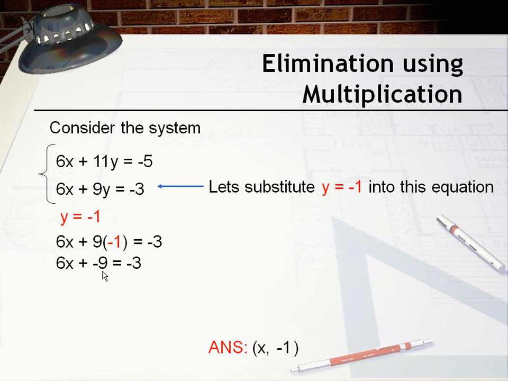And then what would you do? You would add 9 to both sides, and you get 6x equals 6, divide by 6, and you get x equals 1. Therefore the answer is 1, -1. So let's prove that graphically.